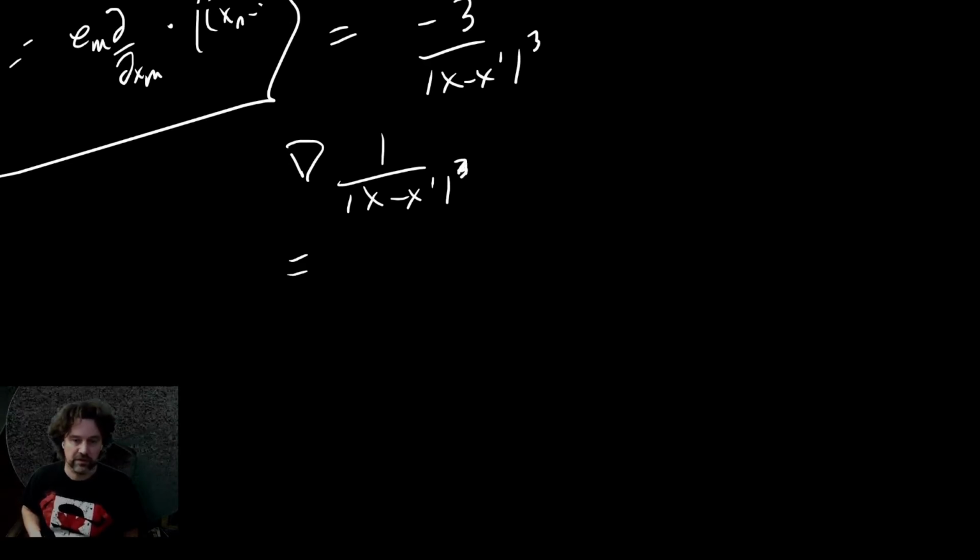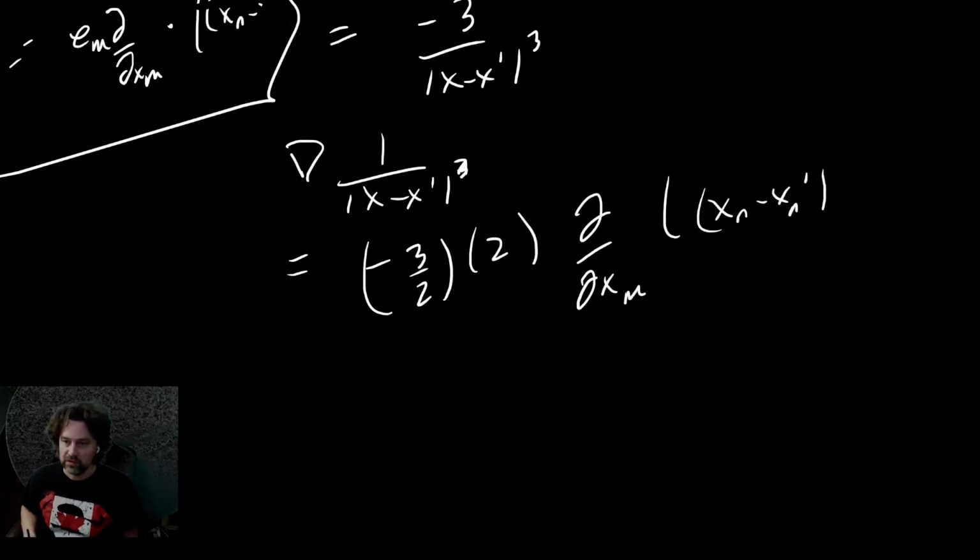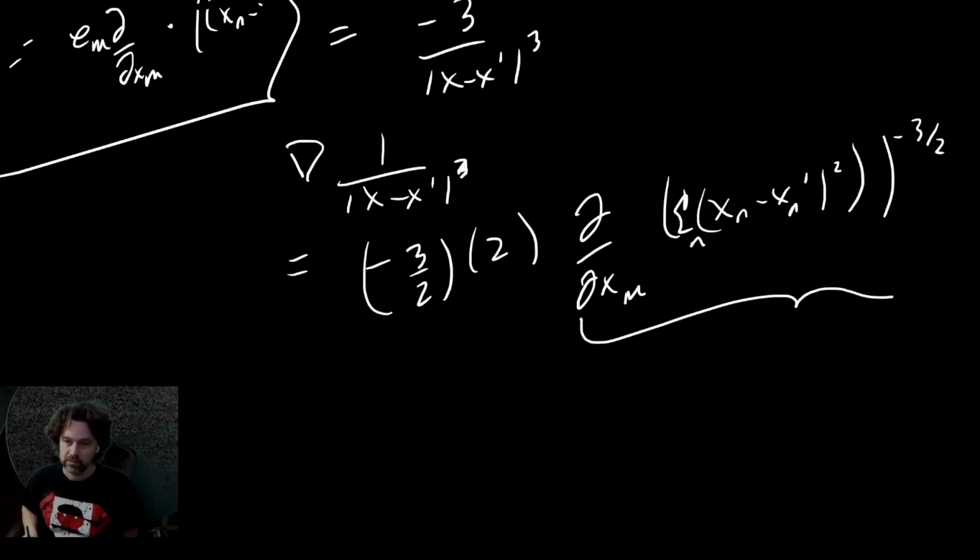So we have minus 3 halves times 2 times delta, skipping steps here, but you can just write it out, d/dx_m of (x_n minus x_n prime) squared, minus 3 halves, and this is in the e_m direction.